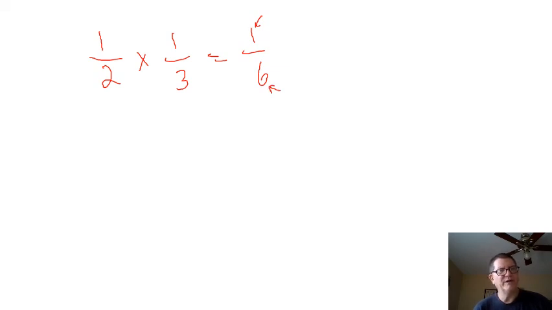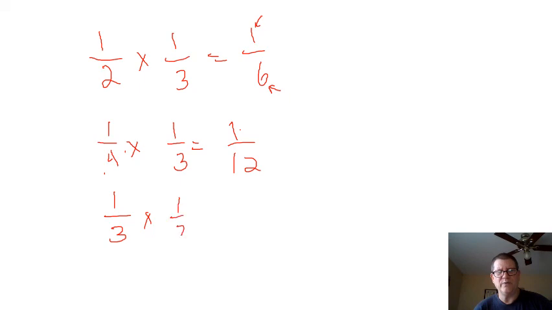So we just multiplied the denominators across. When we had 1/4 times 1/3, we ended up with 1/12. Because 1 times 1 gives us 1 again. 4 times 3 gives us 12. In the last example, we had 1/3 times 1/3. And what's that going to be? 1 times 1 is 1, and 3 times 3 is 9.